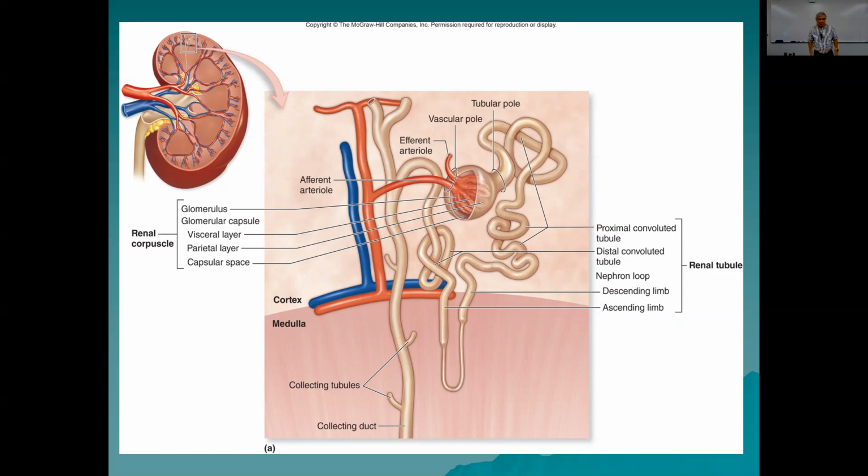Eventually, it empties into a minor calyx. Oh, and so the fluid all through the nephron until we reach the minor calyx, it's called filtrate. Not urine, it's called filtrate. It becomes urine when it finally leaves the nephron and enters a minor calyx. Now we have urine.